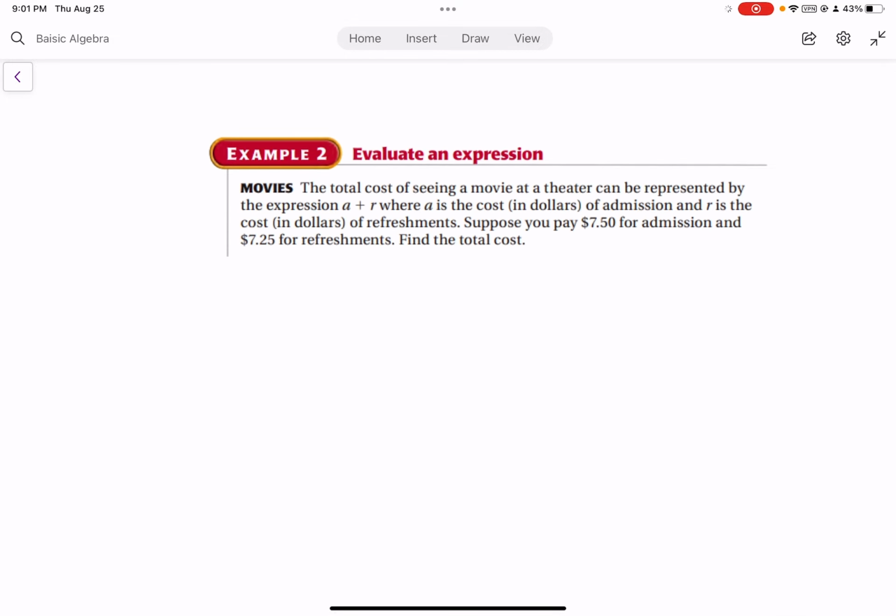In example 2, we are going to evaluate an expression in a word problem. Okay, so the total cost of seeing a movie at a theater can be represented by the expression A plus R, where A is the cost in dollars of admission and R is the cost in dollars of refreshments. Suppose we pay $7.50 for admission and $7.25 for refreshments.